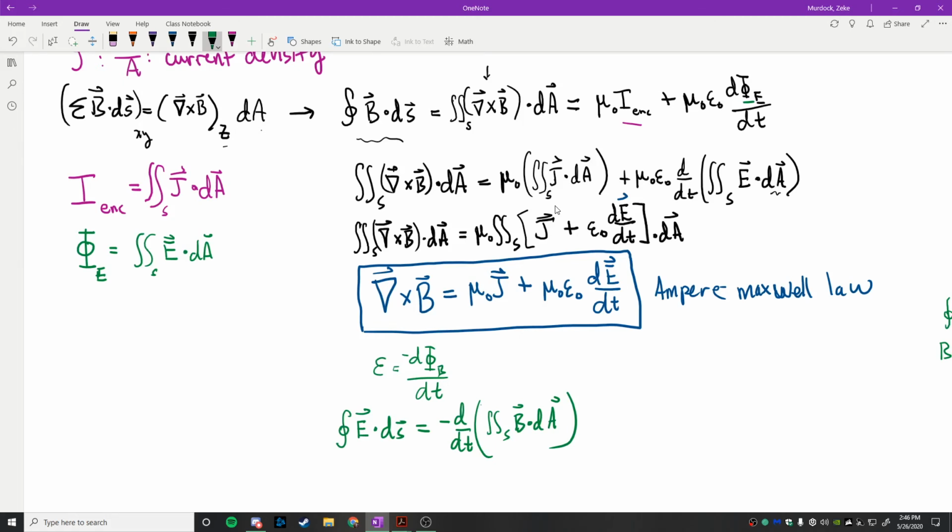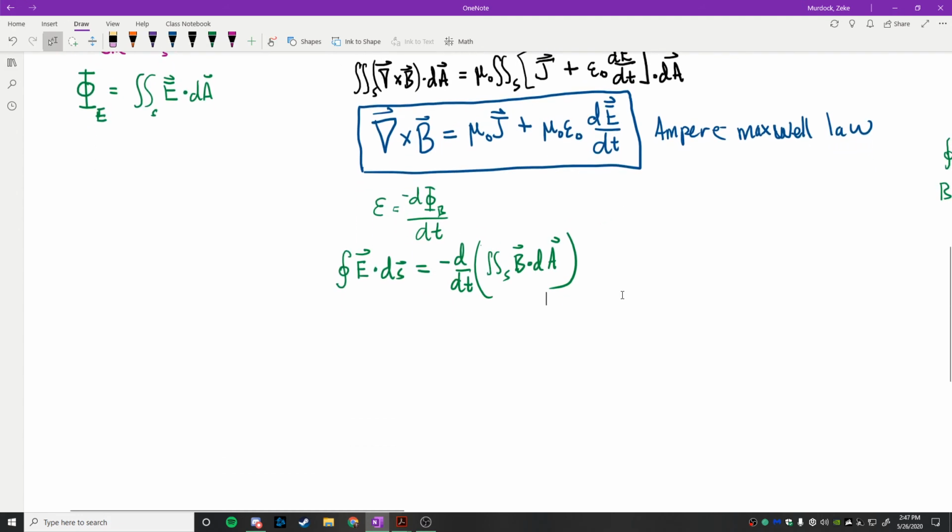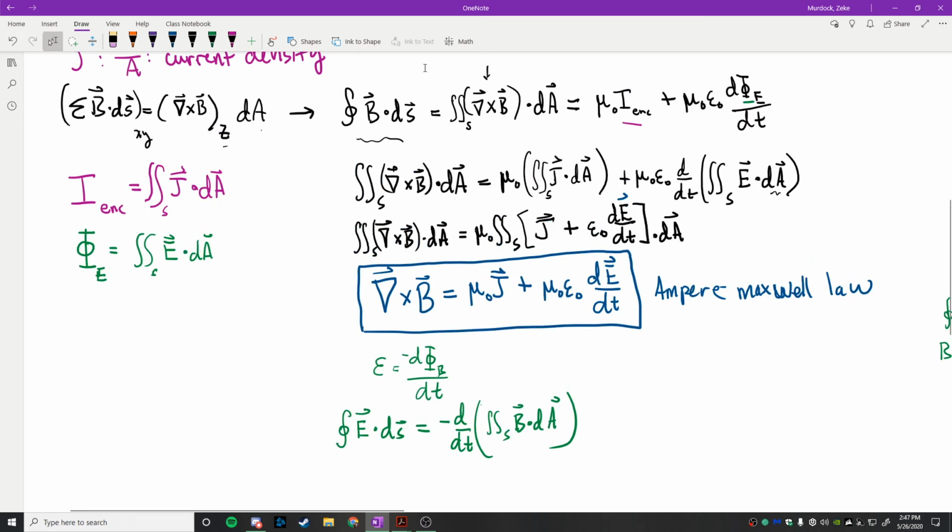But we just proved, effectively, and there's actually a mathematical theorem called Stokes' theorem. It's effectively what we quote proved. We didn't really prove it, so to speak. But we showed that a line integral of a vector field like this can be rewritten as a surface integral as long as you replace your field with the curl of the field.